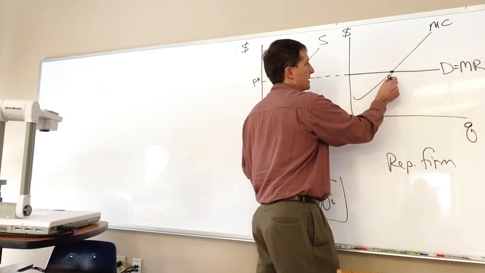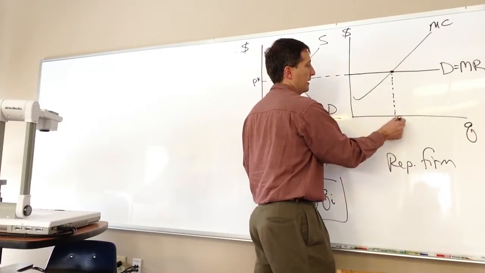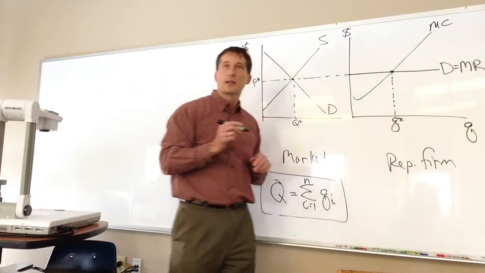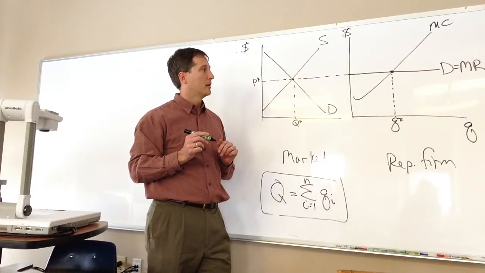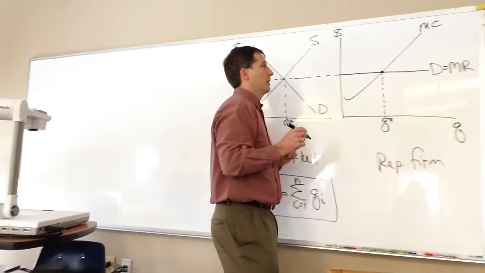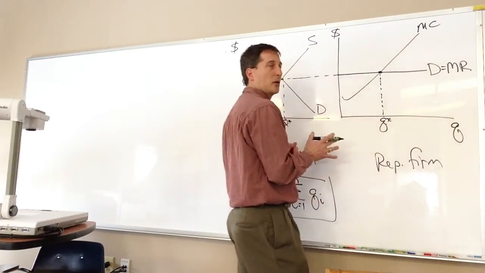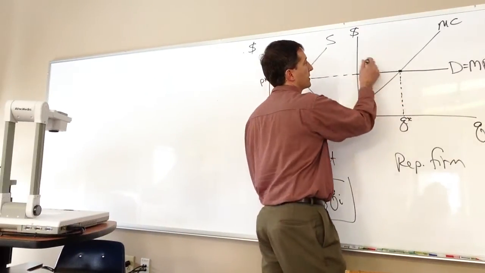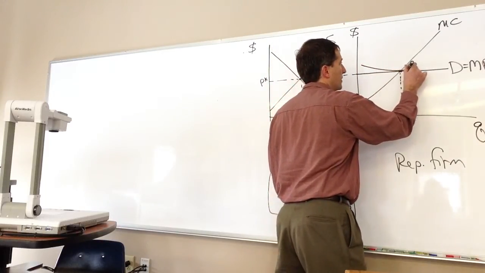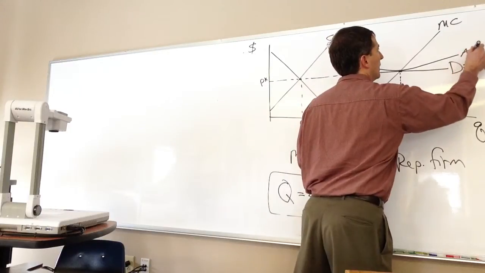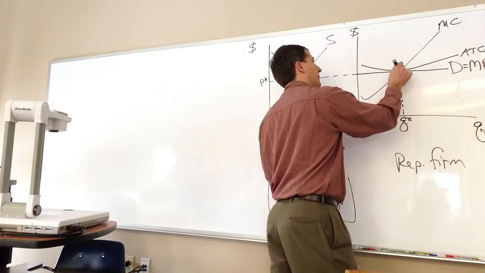The firm maximizes profits by producing the quantity where the revenue generated by the last unit is equal to the cost of the last unit. If we jump to the long run, which we'll do some variations of, movements of how we get there, the long run average cost curve would be expected to be right there.